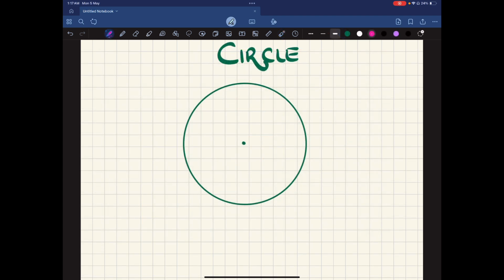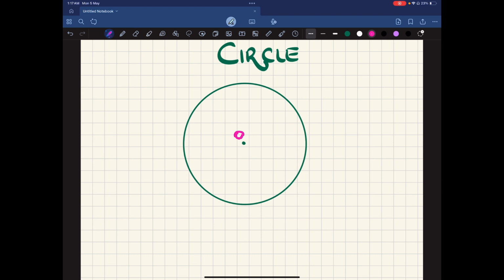Okay, on to the final shape, circle. This has been explored in a lot of detail in our syllabus. Before we get into that, let's make sure that our basic key terms are clear. The center is often labeled as point O. What is the radius?